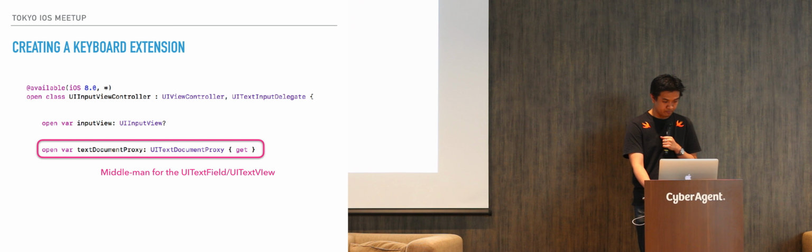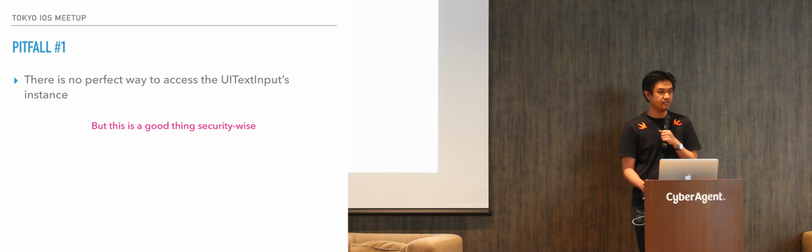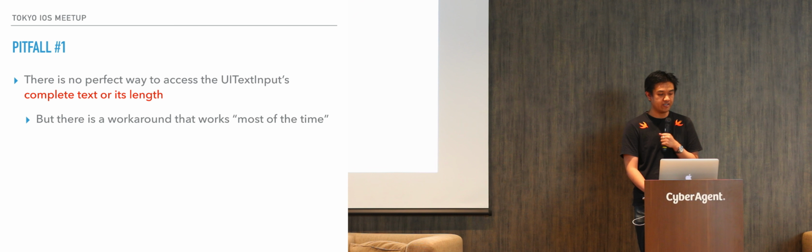Which leads us to our first pitfall. You actually can't get the instance of whatever that text field or text view is. But this is a good thing security-wise, because you don't want keyboards grabbing your passwords from your clipboard. But because of this, you also can't get the text or its length.